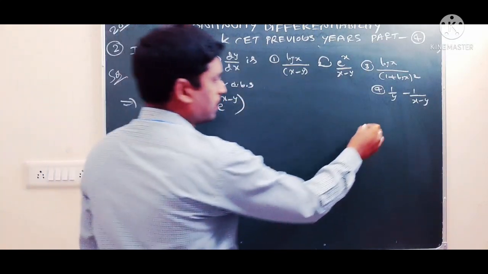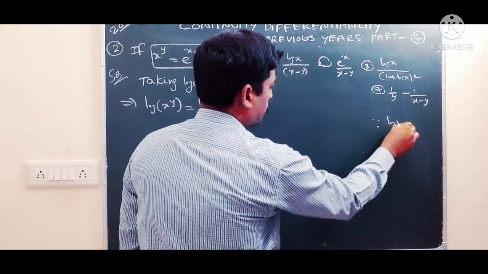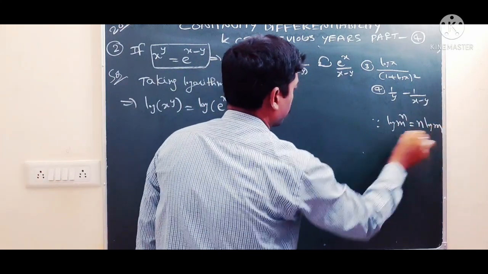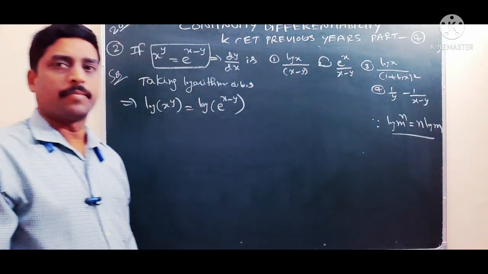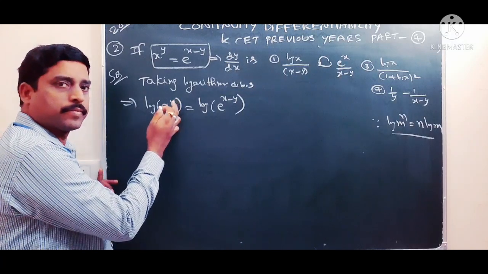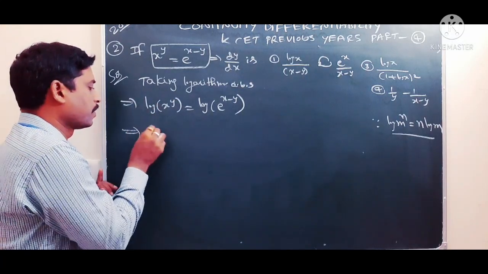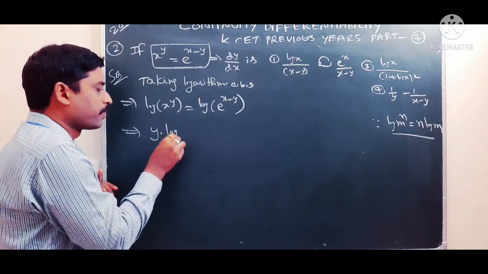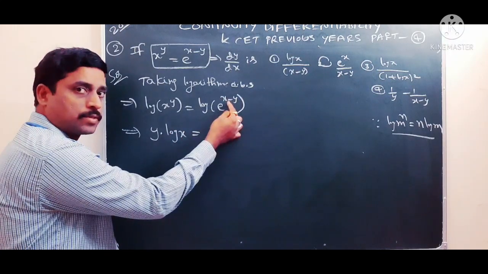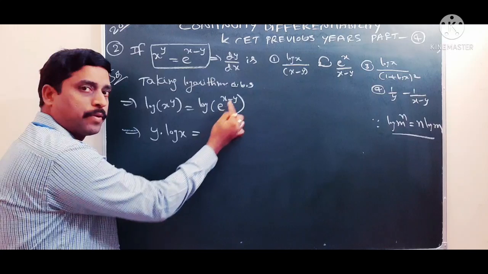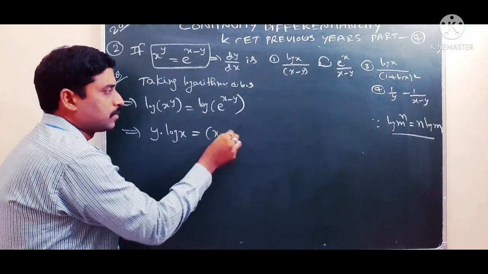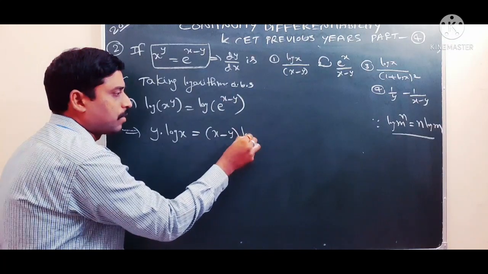We have one formula: log m to the power n is equal to n into log m. By using that formula, log x to the power y is y into log x. This is also the same: log of e to the power x minus y is x minus y into log e.